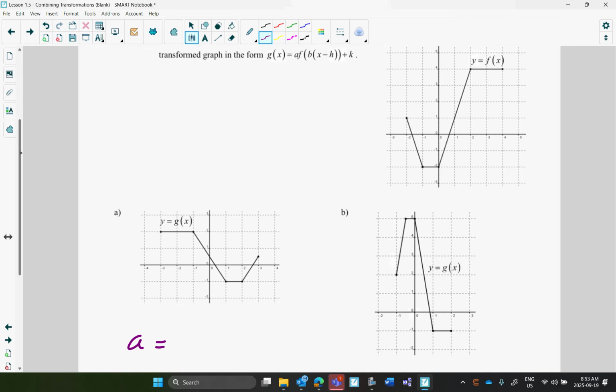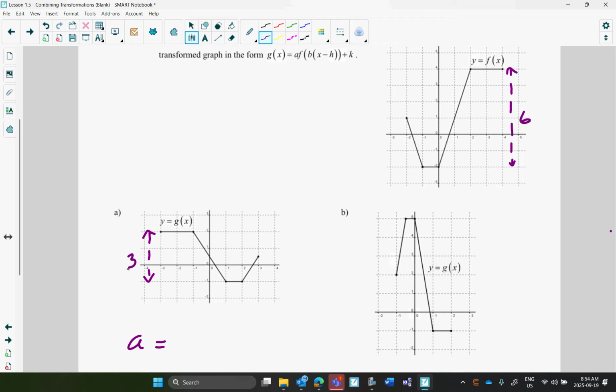Did it stretch? Certainly seems like it. Vertically or horizontally? Vertically, right? Because, and the way to do this is, well, what's the distance from the bottom of the function to the top in the original? It's 1, 2, 3, 4, 5, 6. What's the distance from the bottom to the top in this transformed one? 3.